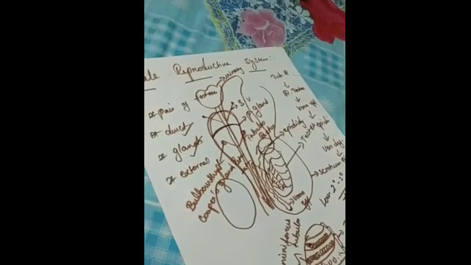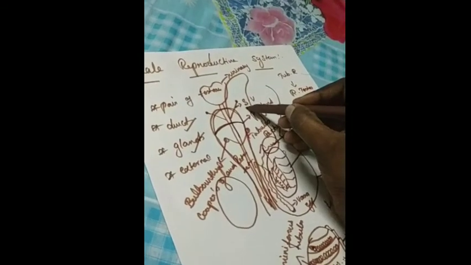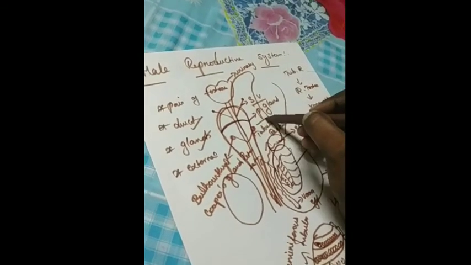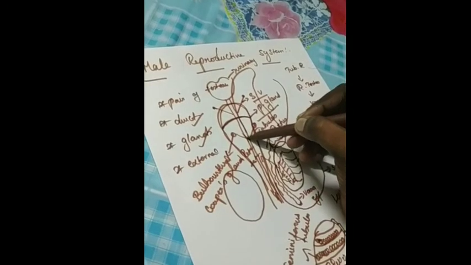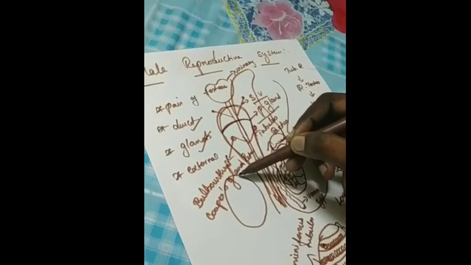What are the 3 glands? The seminal vesicle glands, the prostate gland, and the bulbourethral gland, otherwise called Cowper's gland.